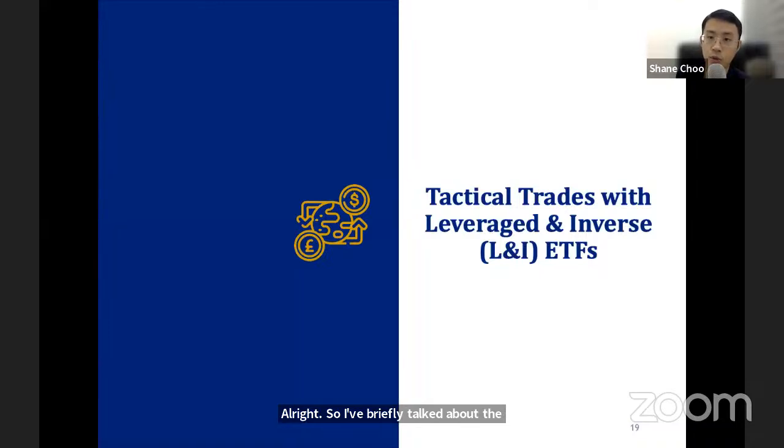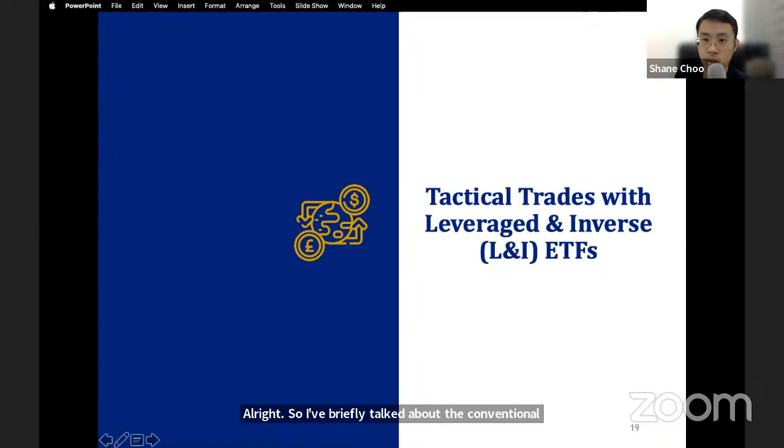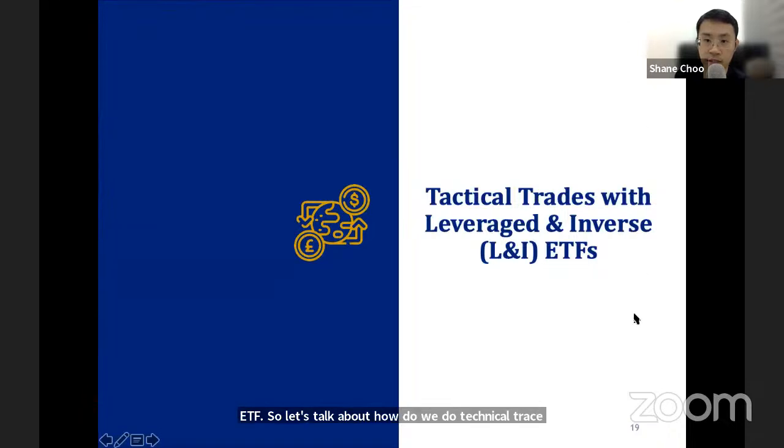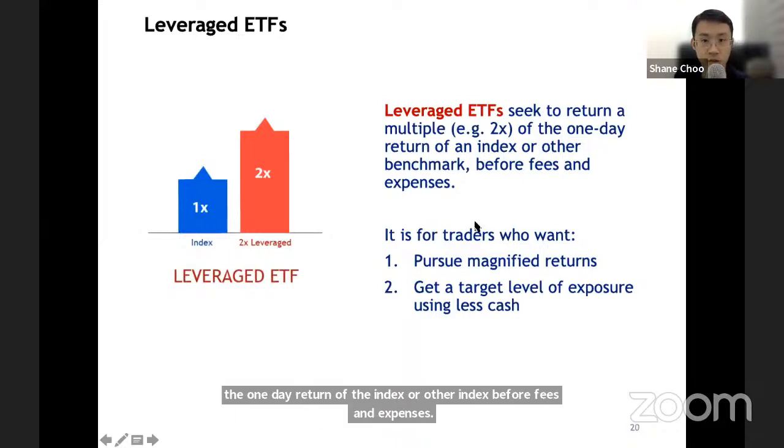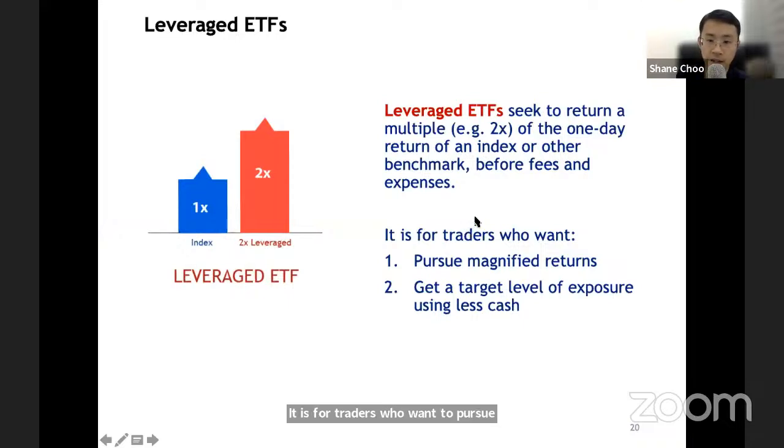So let's talk about how we do tactical trades with leverage and inverse ETFs. Leverage ETFs seek to return a multiple of the one-day return of the index or other benchmark before fees and expenses. It is for traders who want to pursue magnified returns or get a target level of exposure using less cash.